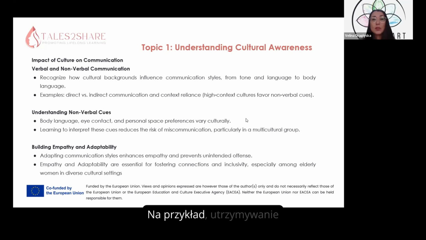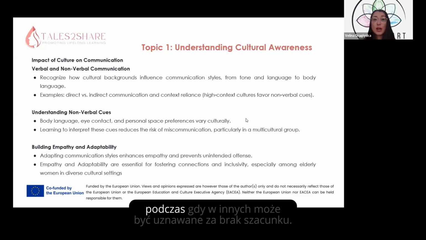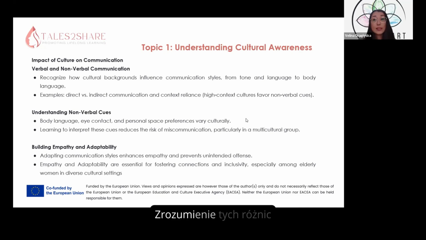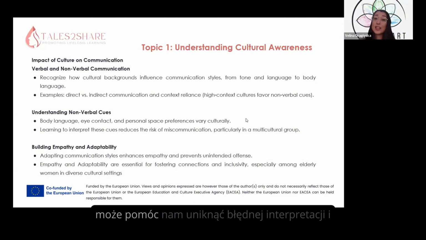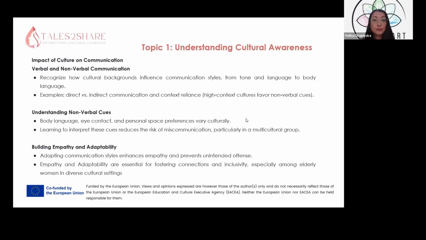As an example, maintaining eye contact may be a sign of confidence in some cultures, while it can be seen as disrespectful in others. Understanding these differences helps us avoid misinterpretation and build stronger connections between the participants we have.